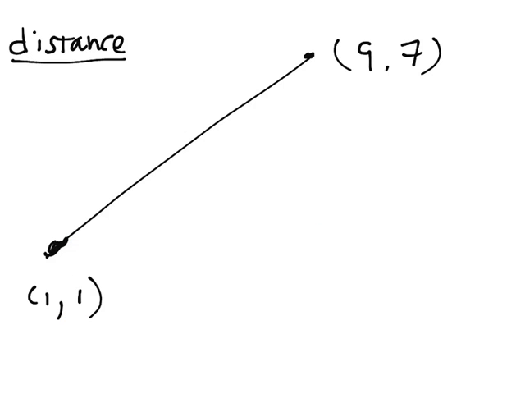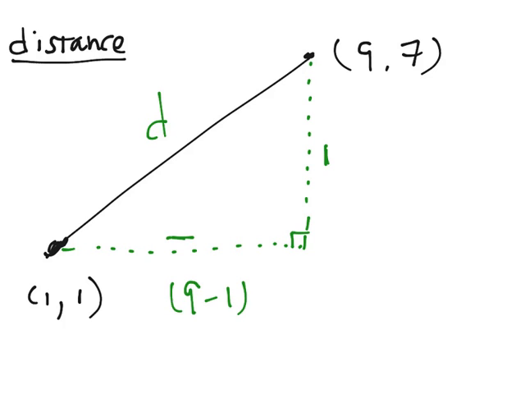Finally, let's look at the distance between the points. We can construct a right angle triangle here with this distance d, and then we're just dealing with simple Pythagoras. This distance here squared plus that one squared equals d squared. Once again, the x difference is 9 minus 1, so that's 8 squared, plus 7 minus 1, which is 6 squared, and that's going to equal d squared.